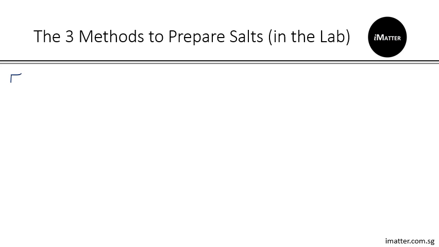So here is one example. Now, let's say I want to prepare silver chloride. And if you're familiar with your rules, you realize that silver chloride is an insoluble salt. So the next question is, what reactants should you use? Well, obviously your reactant should include a silver compound and a chloride compound.